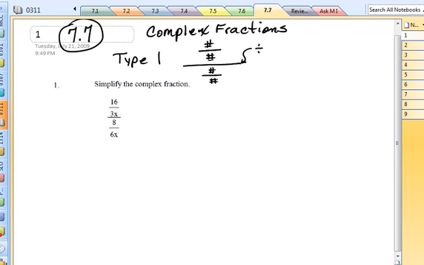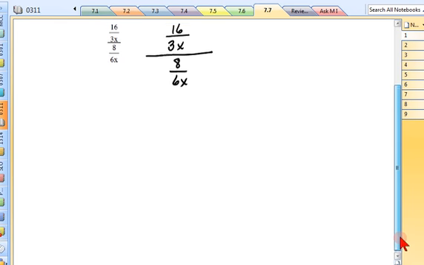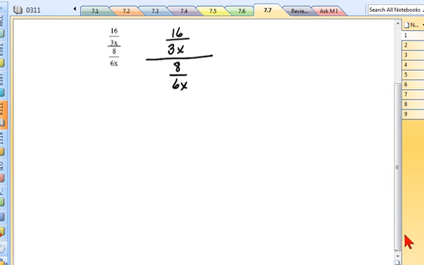So our instructions say to simplify. So I will rewrite the problem so it's large enough for those of you in class to see it. And it is 16 over 3x all over 8 over 6x. I'm going to treat these as division problems.